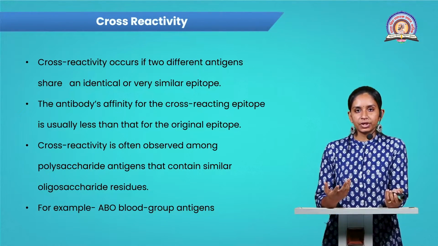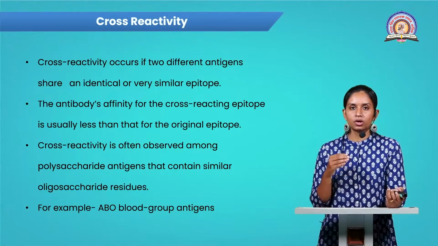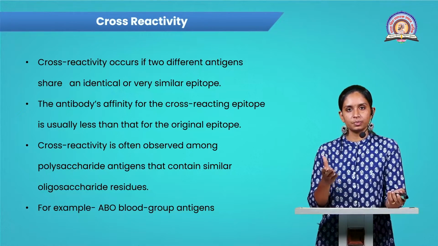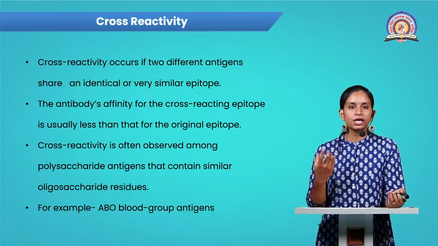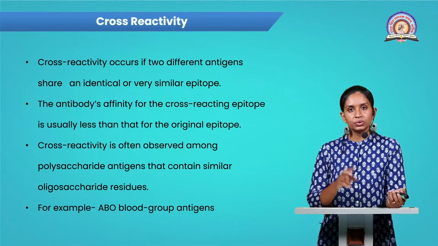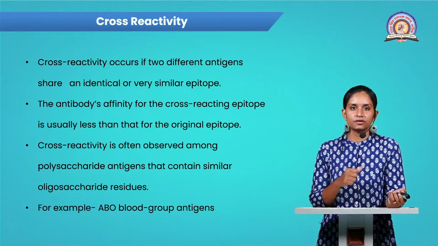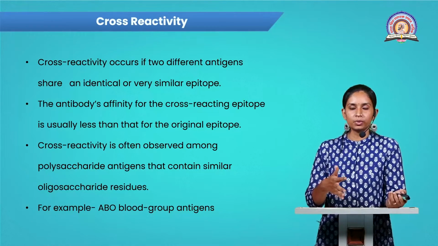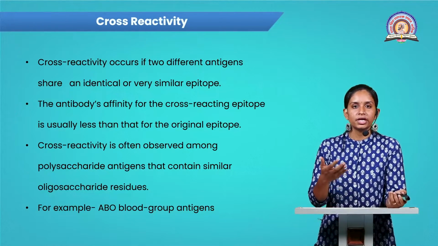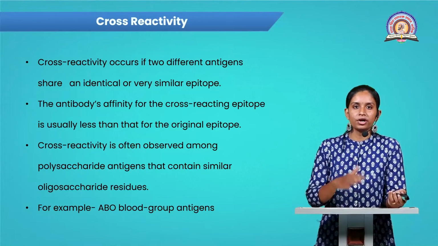Then what will happen? This antibody was secreted against the antigen epitope which is present on the A antigen. But due to the similarity in the structure of the epitopes, now this antibody cannot recognize whether it is attaching to antigen A or antigen B.